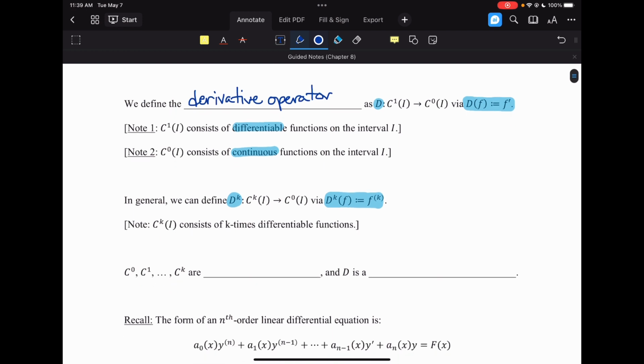So these sets, where we have the differentiable functions, continuous functions, twice differentiable, 3 times differentiable functions, are in fact vector spaces. And D is a linear transformation.